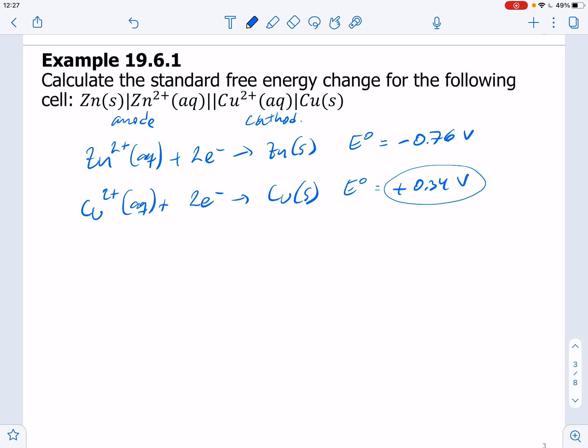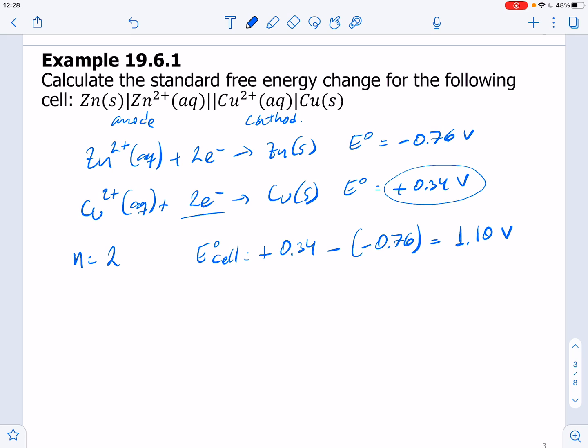The other one, if the potential is lower, then it's going to happen as an oxidation. In this case we have 2 moles of electrons, so n in that reaction is going to be 2. Okay, and the cell potential is going to be plus 0.34 minus minus 0.76, and this is equal to 1.10 volts.